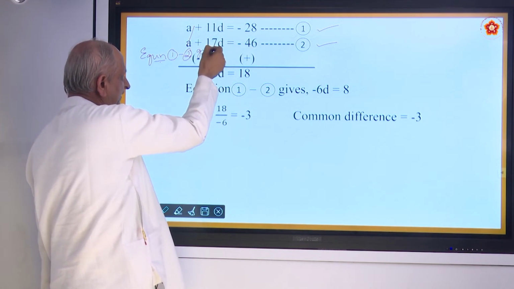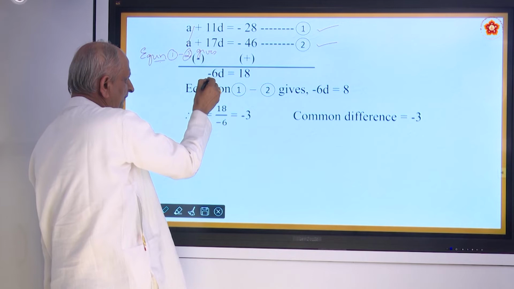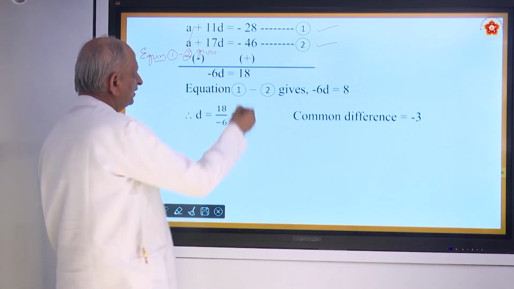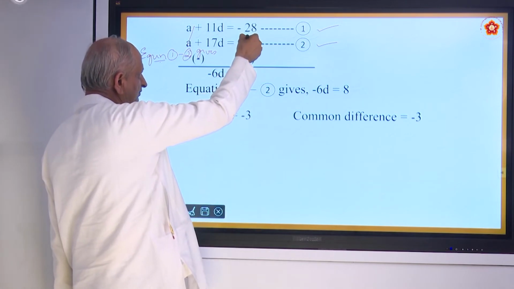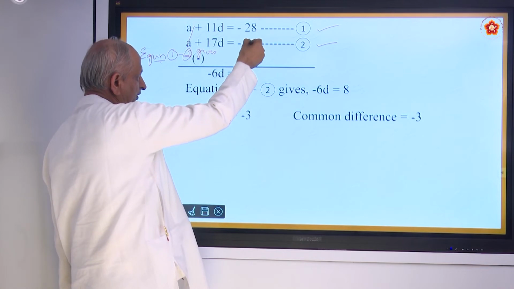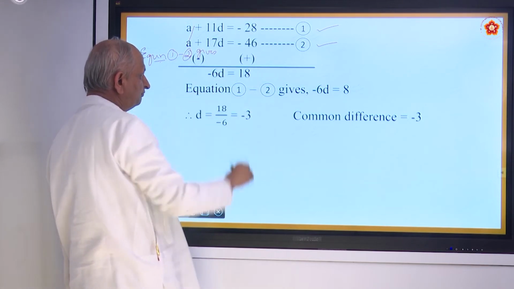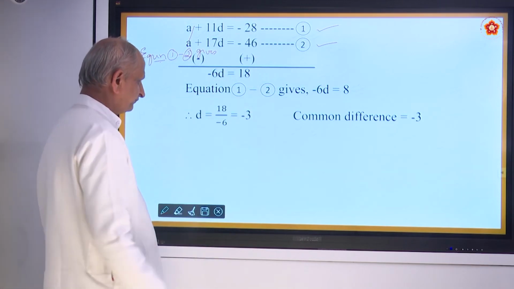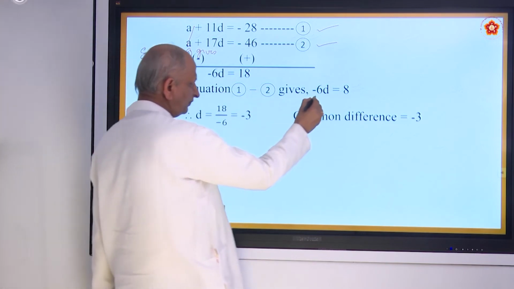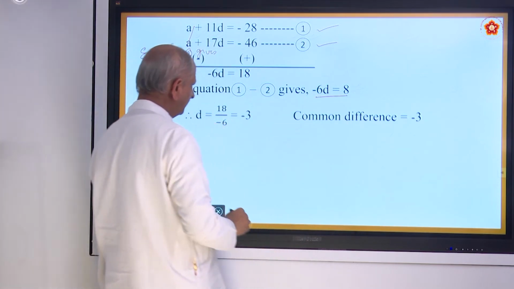So you have to subtract. The bigger term is 17, so minus 6D you get. Here when you subtract, this becomes plus. So 46 minus 28 is 18. So you get minus 6D is equal to 8.